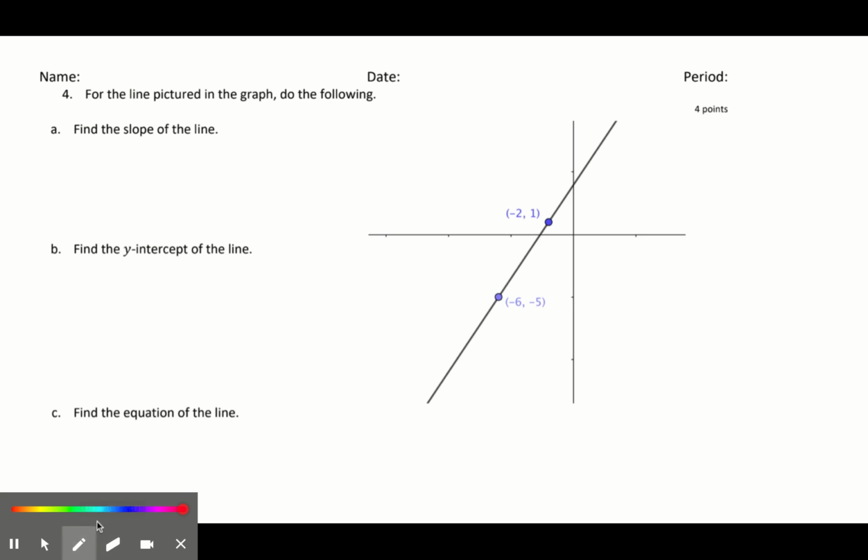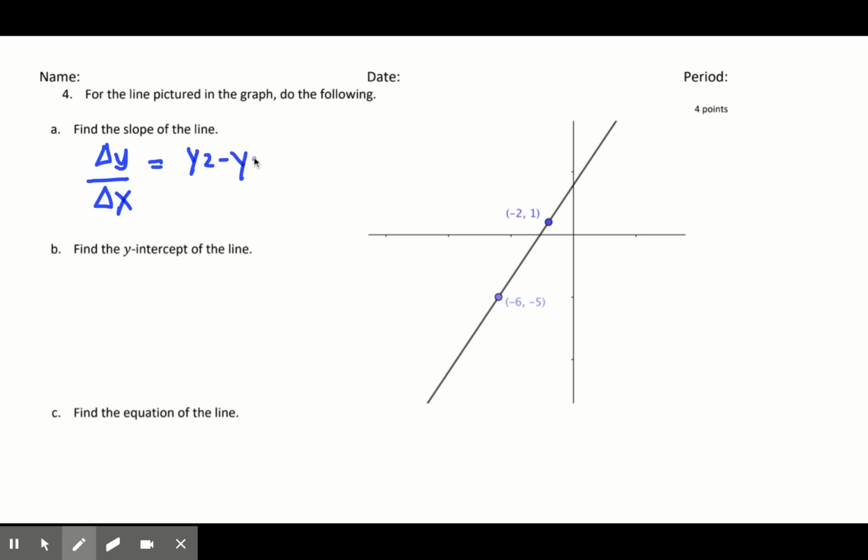Okay, so find the slope of the line. So remember, the formula for the slope of the line is change in y over change of x, or really like the difference between the two y's and the difference between the two x's.